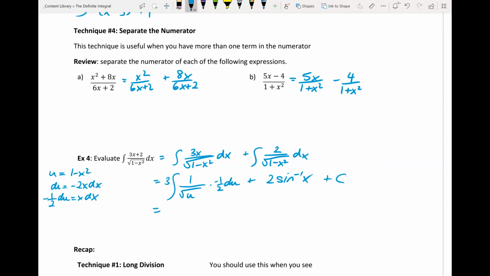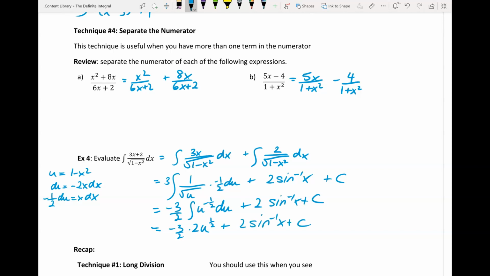Now I'm just going to move this negative 1/2 to the front with the 3 and change our 1 over root u into exponential form. Now I'll integrate that. So this will become u to the 1/2 multiplied by 2, and then I'll replace the u with 1 minus x squared.